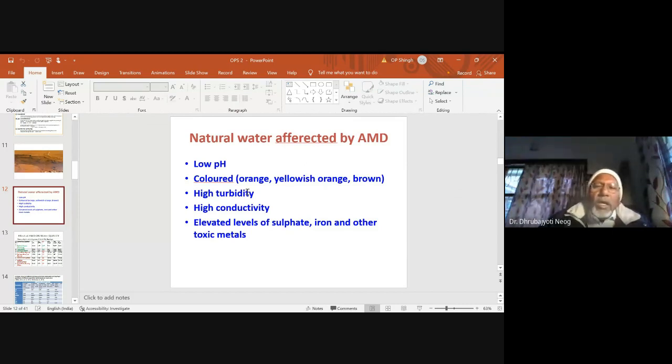It has high turbidity because iron hydroxide is present. It has high conductivity because different types of elements are present in it. And then very high levels of sulfate, iron, and other toxic metals. So wherever there is contamination of water bodies with acid mine drainage, you will find this type of characteristic of water.